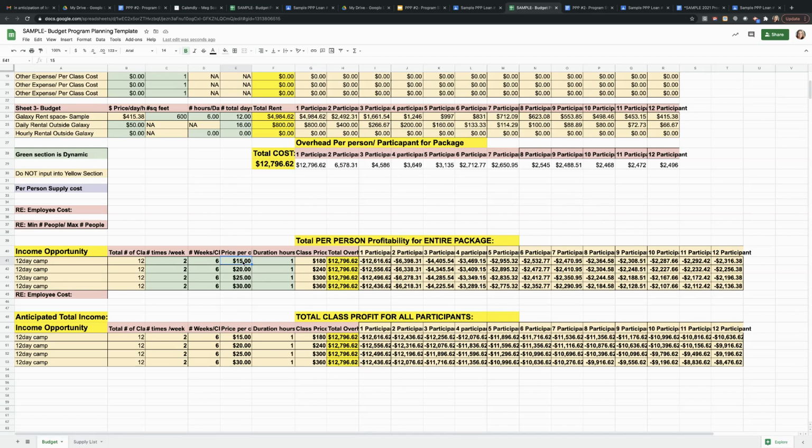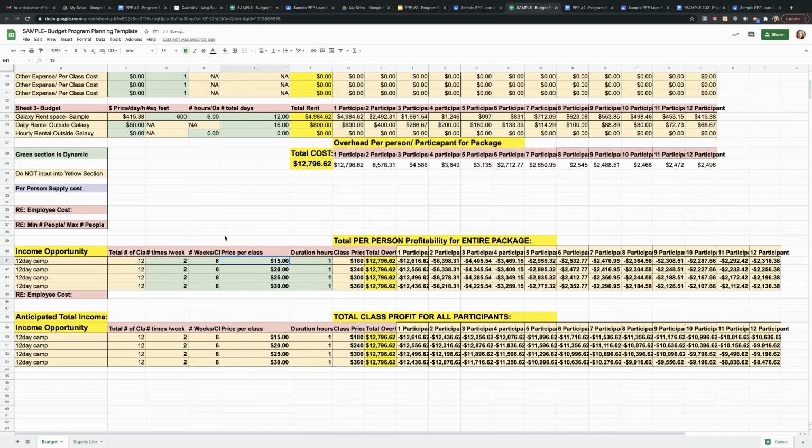I'm going to expand this so we can see what this says, because I believe it was price per class. So this would be a per day rate. So the price per class at 6 hours, let's say we go with $20 an hour times 6 hours.